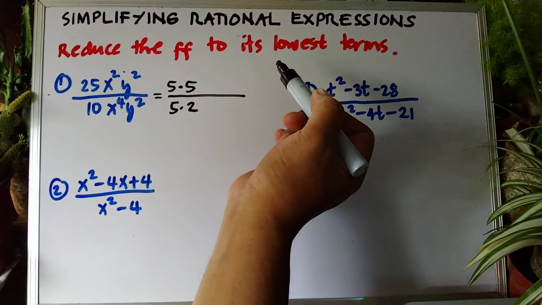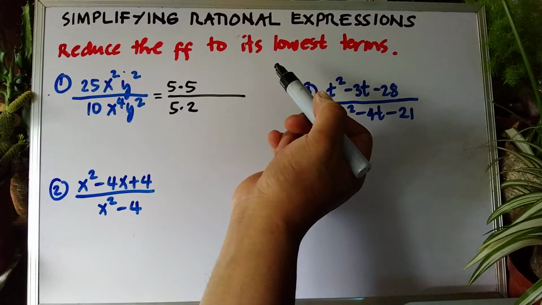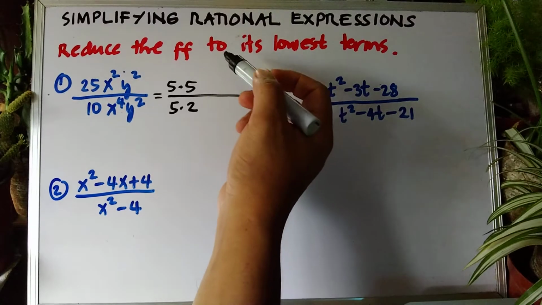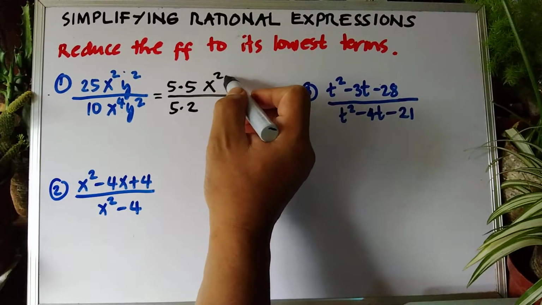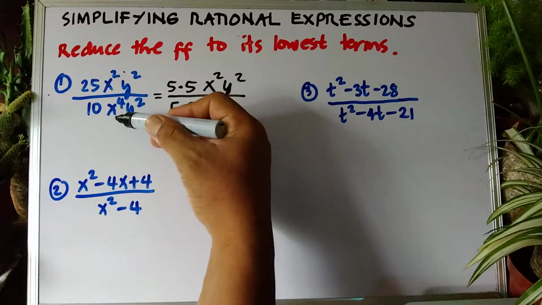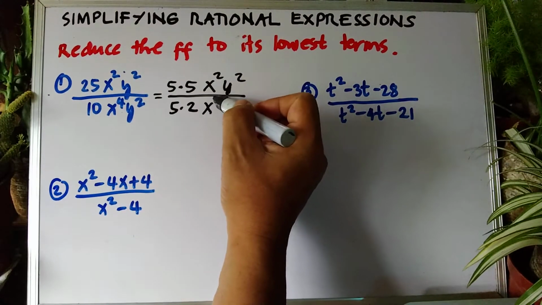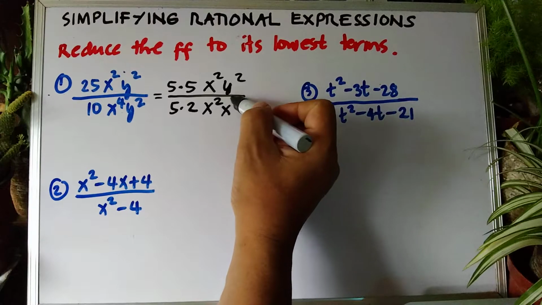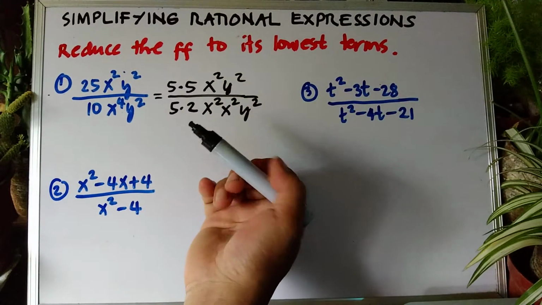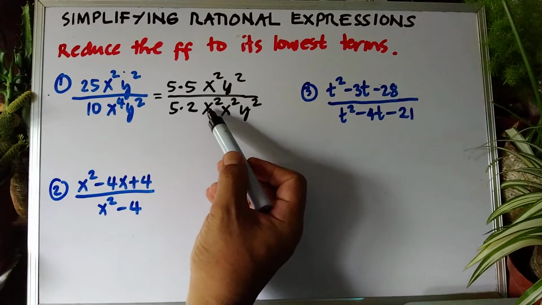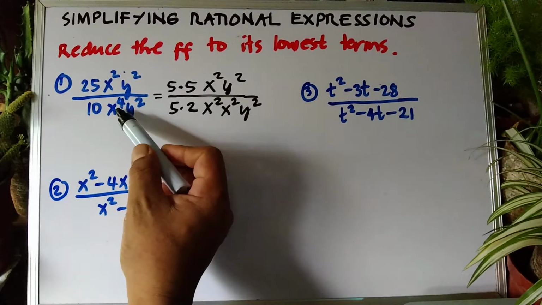Then we have x squared, you copy x squared, y squared. Then this is x to the fourth, so we will break that into x squared times x squared, because x squared times x squared is still x to the fourth.